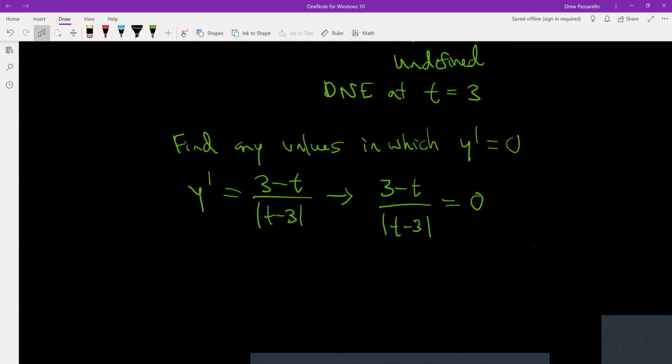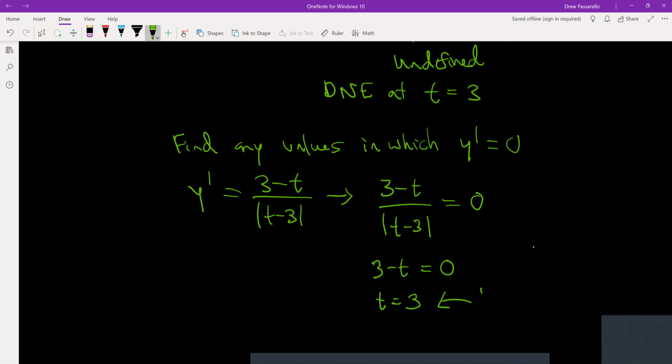If this equals 0, I only need the numerator to be 0, but the denominator not to be 0. If I just focus on the numerator, you have 3 minus t equal to 0, and you'll get t being 3 again. But we already know that was a value for which the derivative doesn't exist, so it doesn't add anything to the problem.